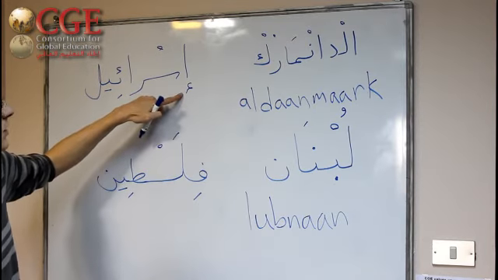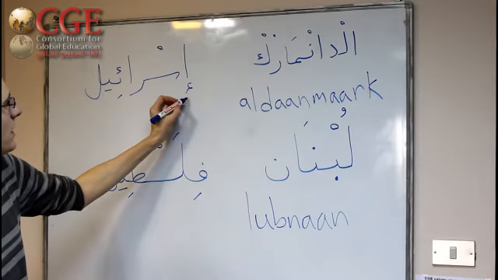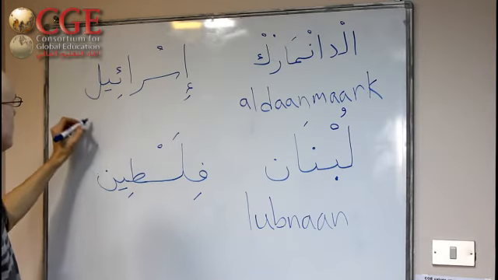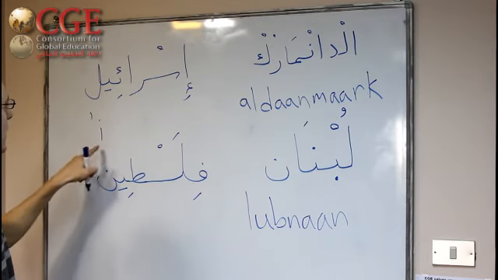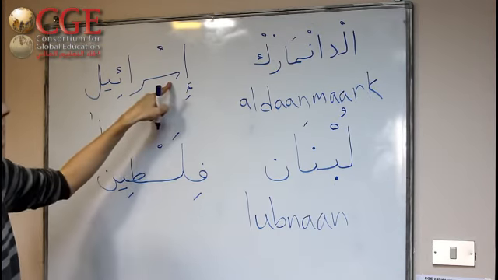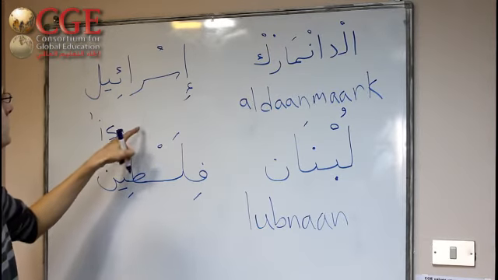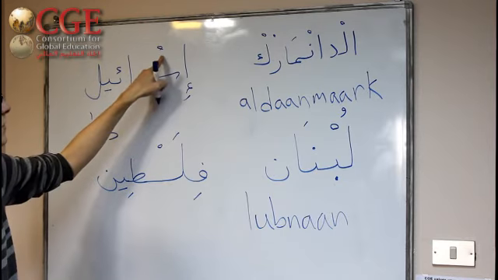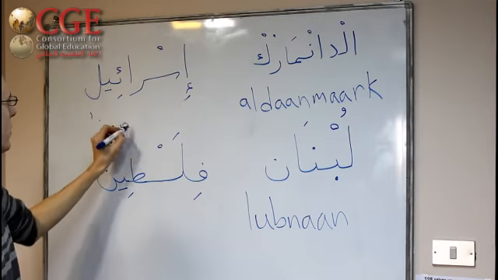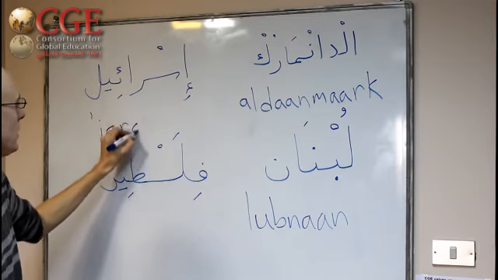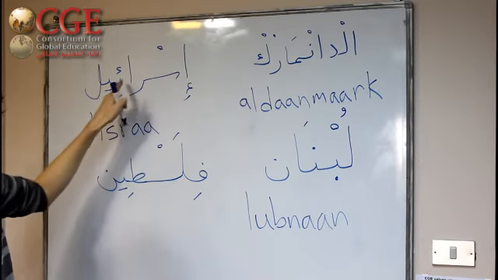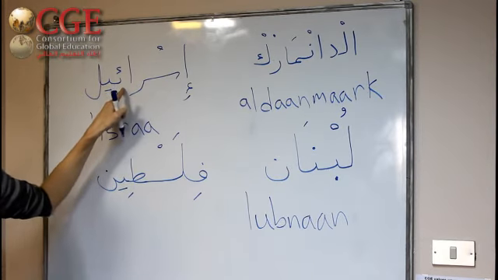Now we've got to start with a glottal stop, and after it is a short I, so glottal stop, I, connected to an S, that long line is an S, with no vowel after it. And then we have an R, long A. And here's a great example of a Hamza.